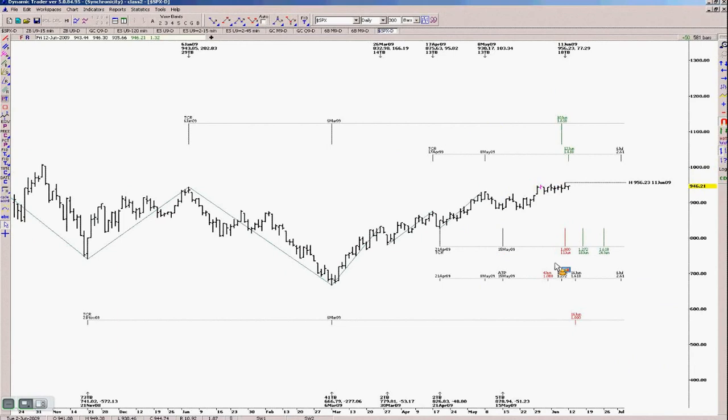Okay, so let's see. Here's where we had cycles at this last high, June 10th, June 12th, June 11th, June 10th. And if we surpass that high, the next time window for a high, so far I'm not getting anything major except the 16th through the 18th.